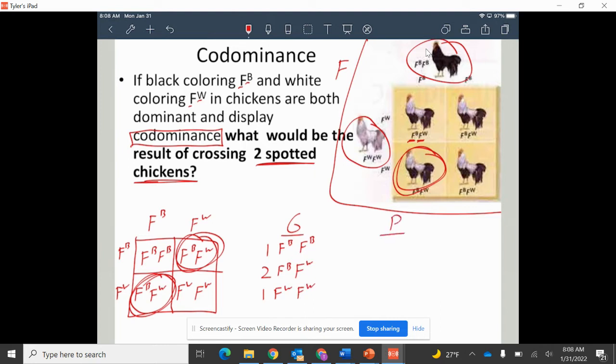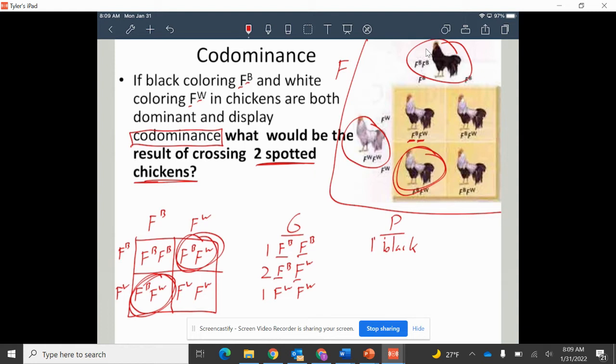My phenotypes then: one with black feathers. Let's just fix that. One with black feathers, FBFW, codominant now. Before, we mixed the colors together.